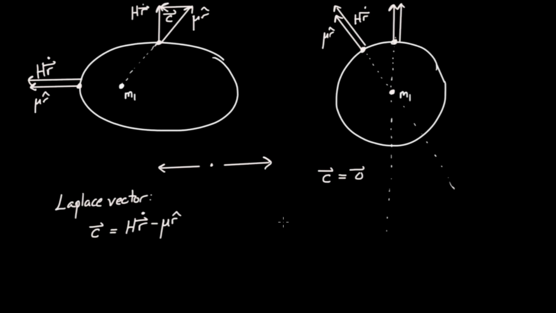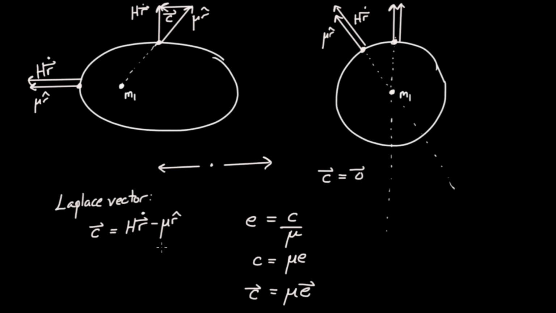Now, another thing we can do is remember that we define that dimensionless number e as the magnitude of the Laplace vector, which I called c, divided by mu. I could rearrange this and say that c is equal to mu times e. But this is the magnitude of c. What I can do is say that c is equal to mu, where mu is a scalar, times a dimensionless vector called the eccentricity vector, just converting this into a vector equation.